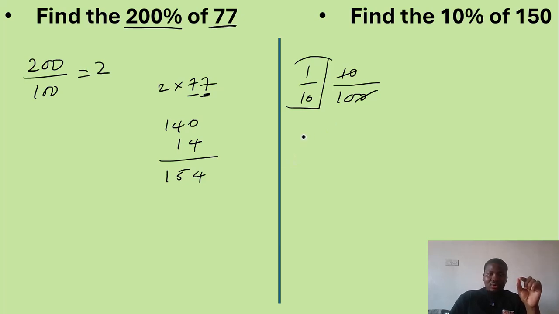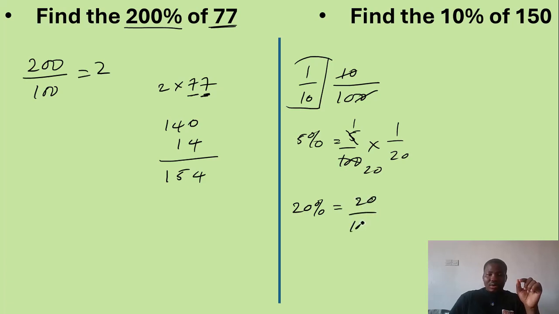So if you have 5%, that will be what? 5 over 100, which equals 5 divided by 5 is 1, 100 divided by 5 is 20, so 1 over 20. And if you have 20%, that will be 20 over 100, which is equal to 1 over 5.